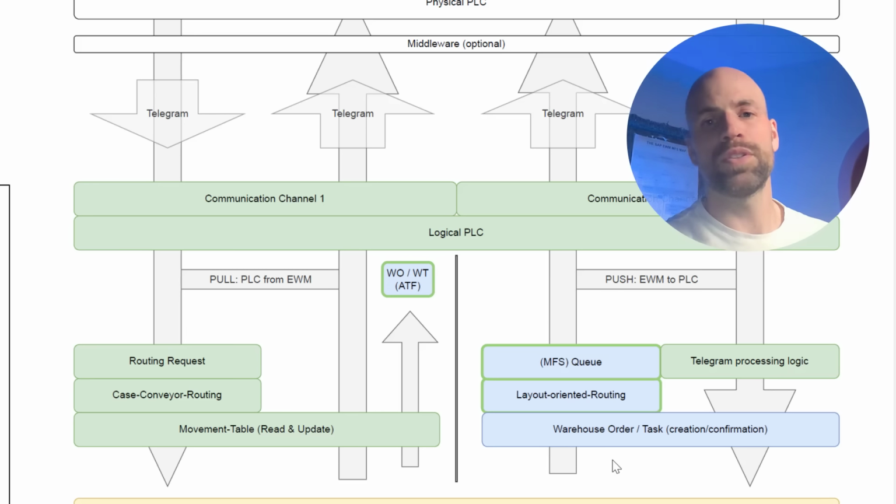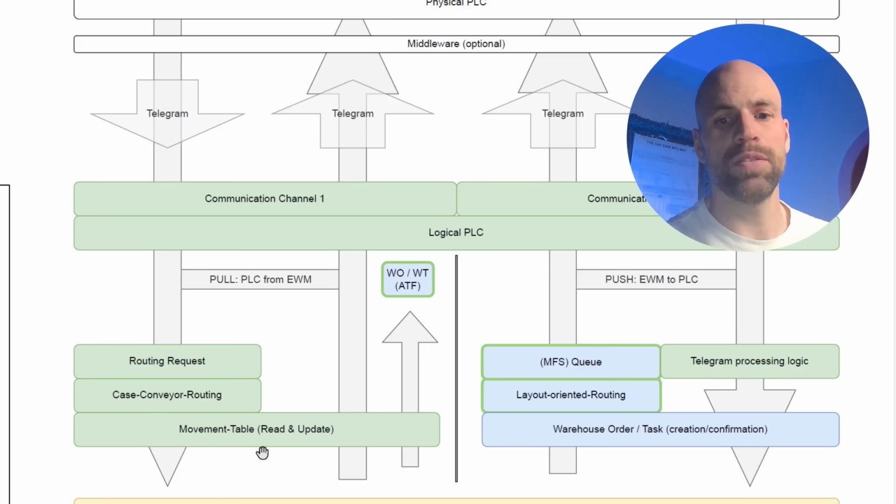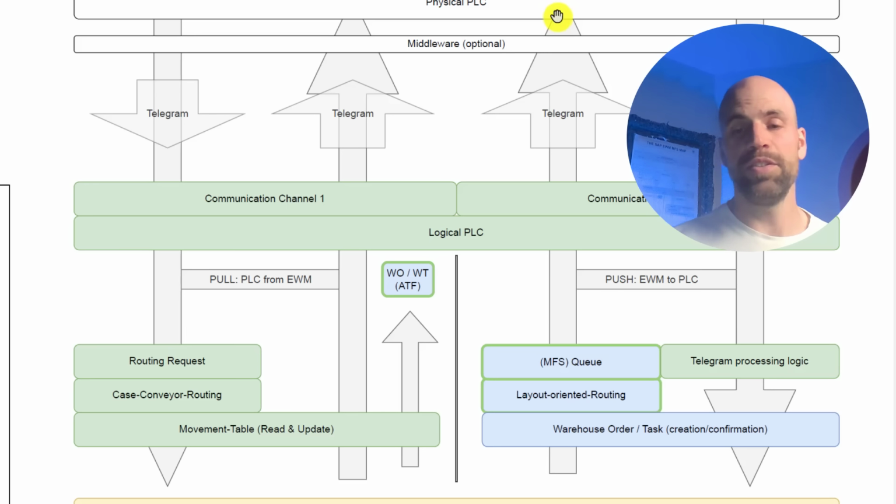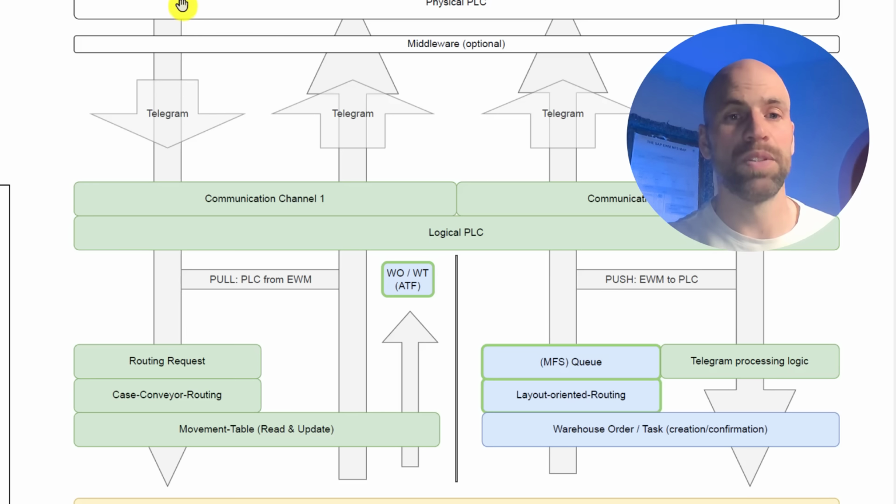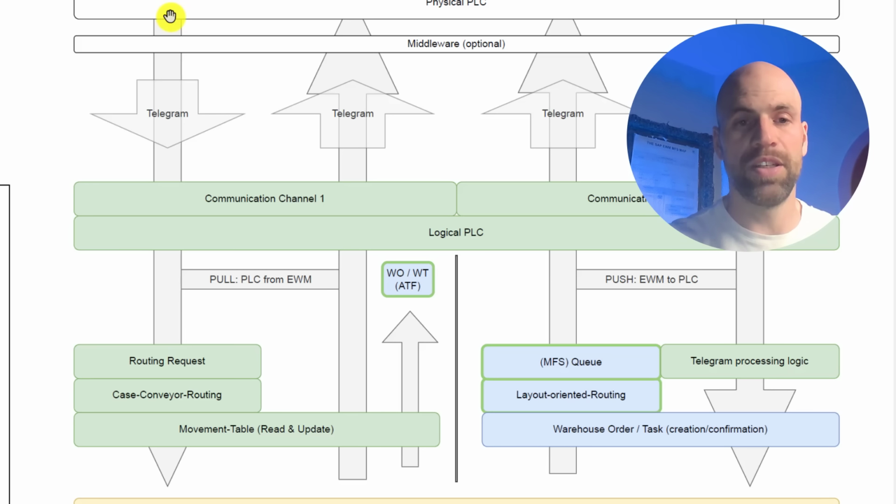I want you to focus now on the left part of the graphic, and you already see a big difference with these big arrows in the back. You see that in comparison to the LOSC approach, where the initiation of the telegram processing is an outgoing one from the EWM perspective, based on the warehouse task, with the case conveyor routing the initiation of the telegram processing and the communication of the next destination is an incoming telegram.